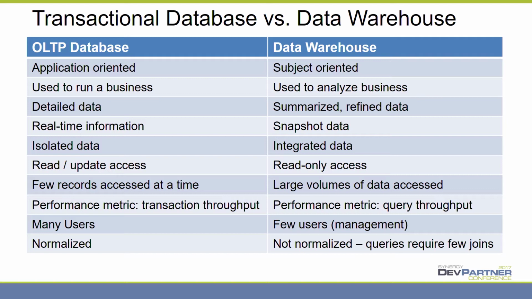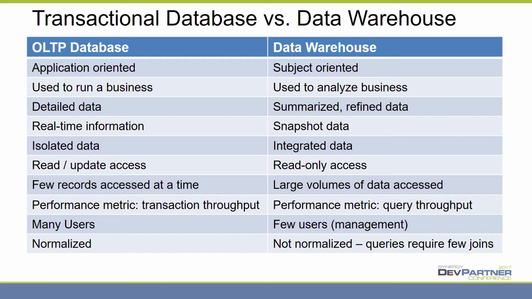You have both read and write access to the transactional database, but a data warehouse is really meant for read-only. In the transactional database, you have many users who are accessing one or a few records at a time, while in the data warehouse, you have a few users, typically management, who are accessing very large volumes of data at a time.